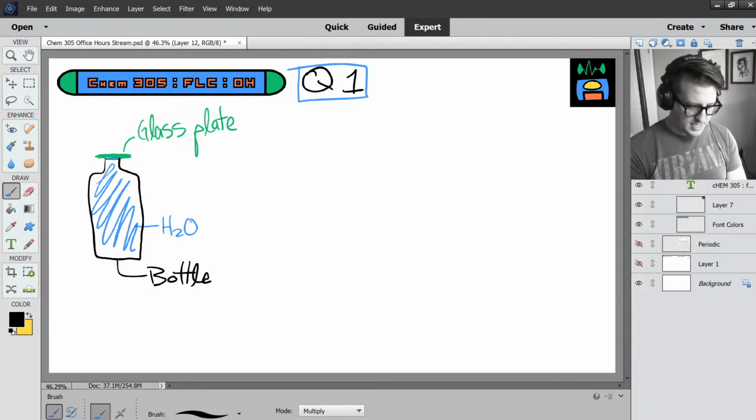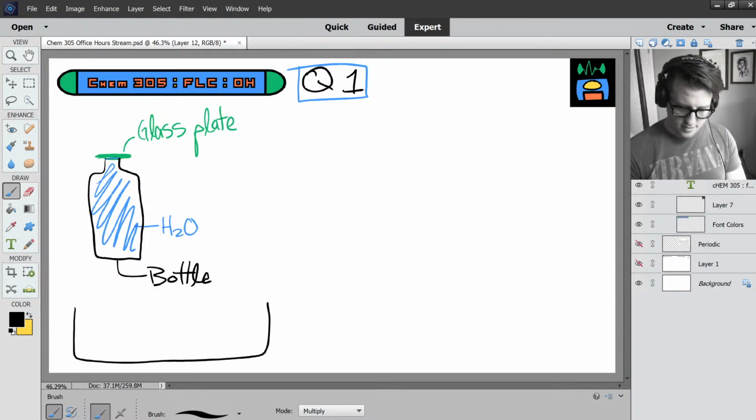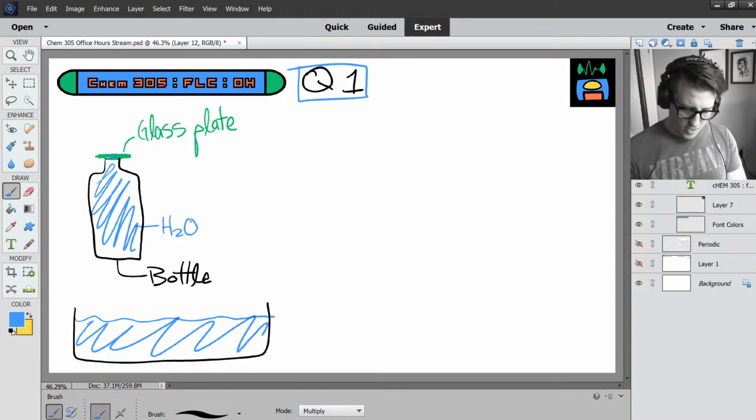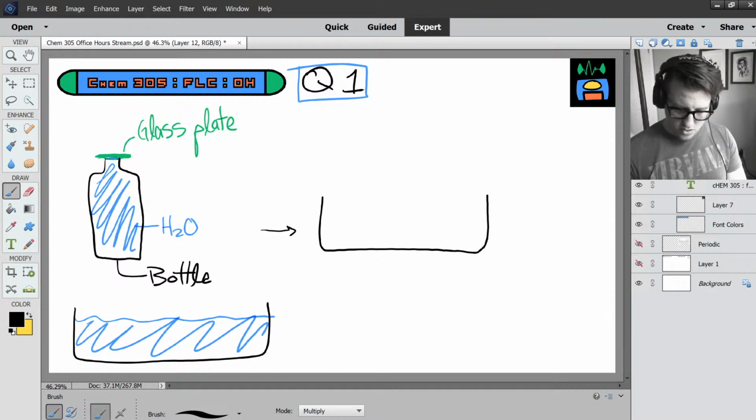And then you've got this tray that's also filled with water. And then what we do is you invert the glass bottle into the tray with the top of it submerged.